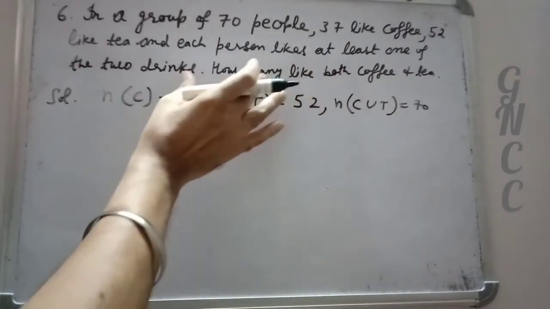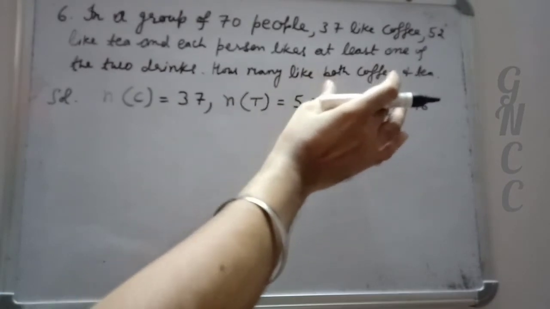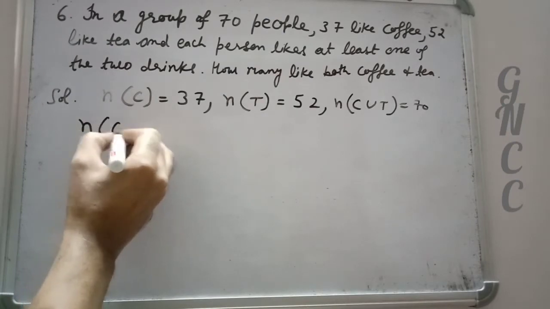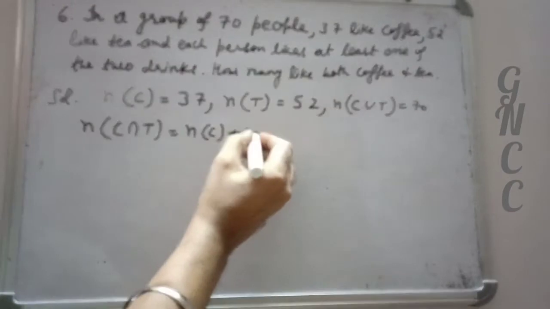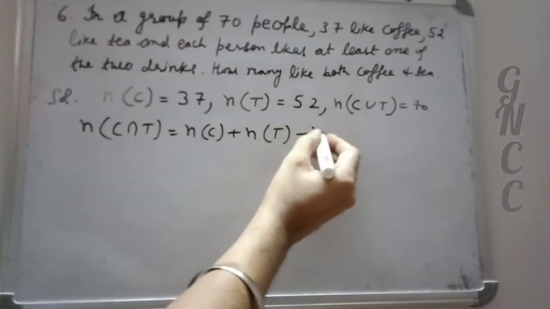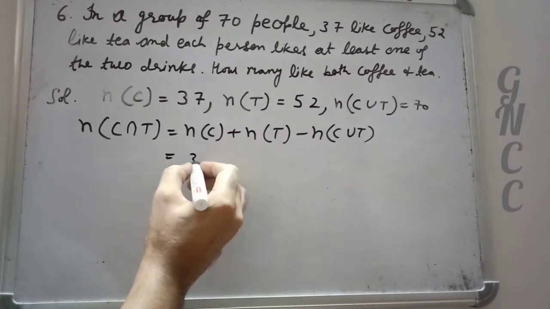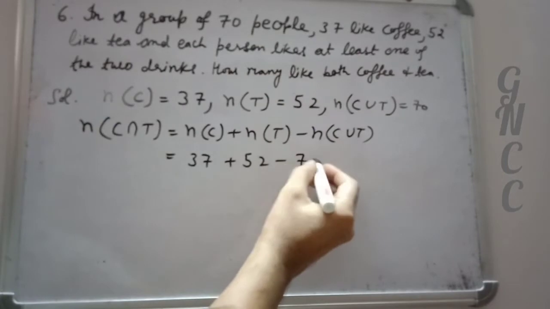We have to find how many like both coffee and tea. That means we have to find intersection. So formula is n(C intersection T) equal to n(C) plus n(T) minus n(C union T). Here n(C) is 37, and n(T) is 52, and this is 70.